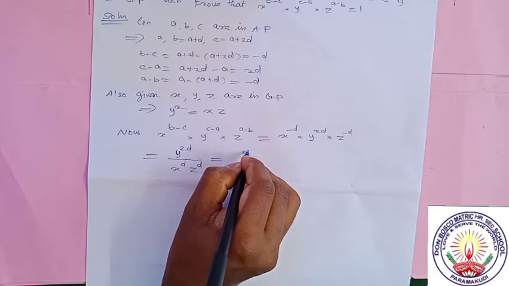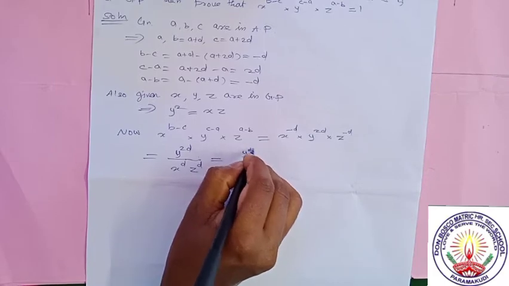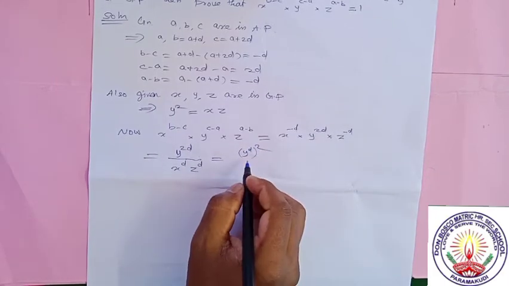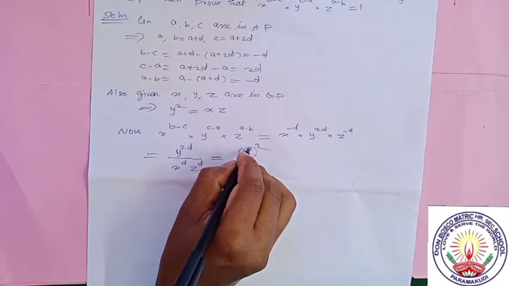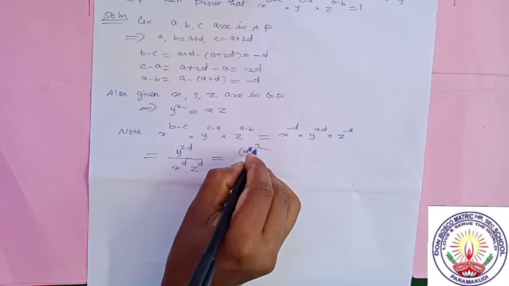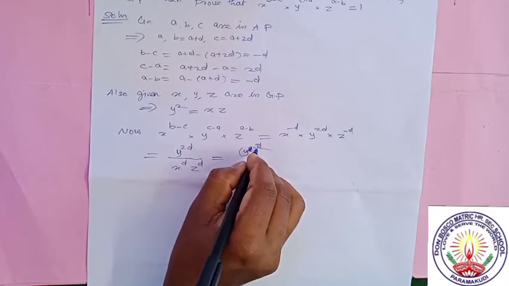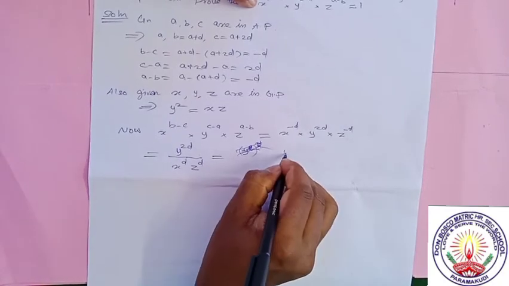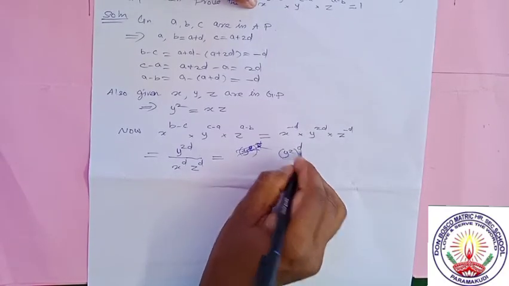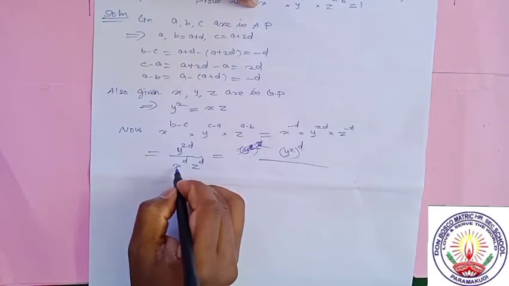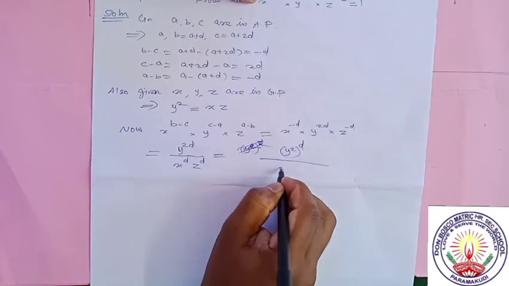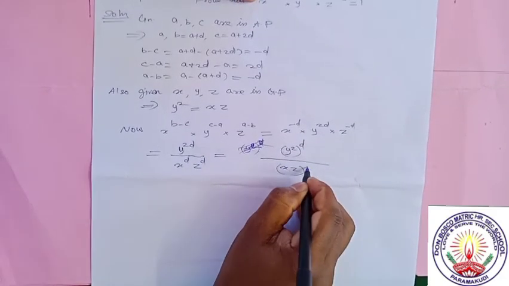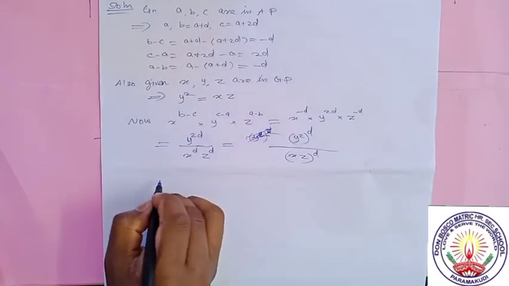which is equal to, we can write this Y power 2D as Y power D the whole square, or Y square the whole power D, divided by X into Z whole power D, since the powers are equal.